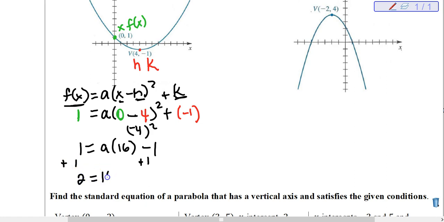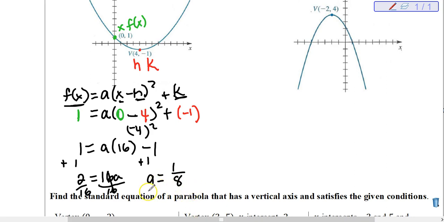So 2 equals, I'm going to rearrange that to 16 times a instead of a times 16 because that feels more comfortable. Divide by 16, of course. And simplify because I am a mathematician. Excuse me, 1/8. That's a major compression of the graph.